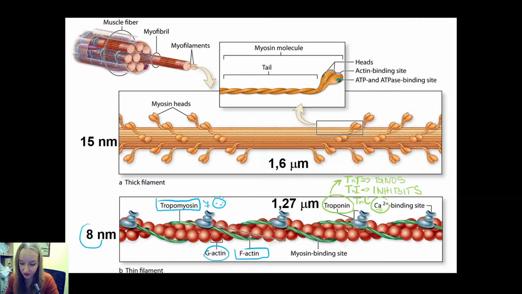The filament is stabilized by tropomyosin and can be activated by troponin. And what's the activation really? What's happening?